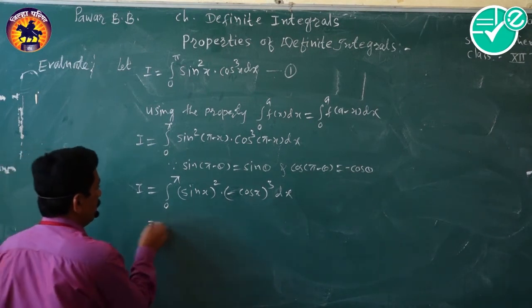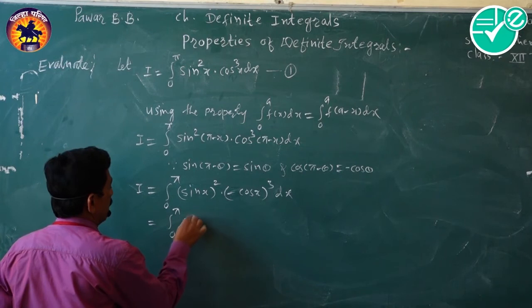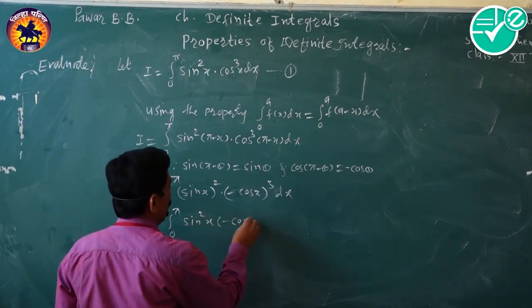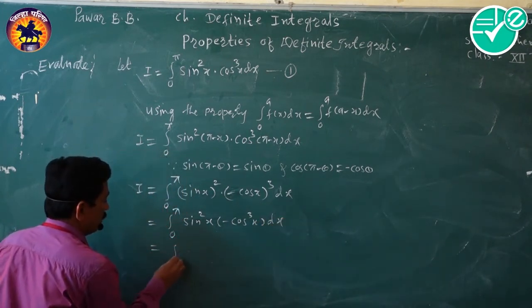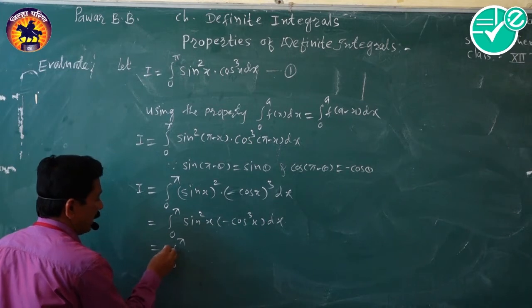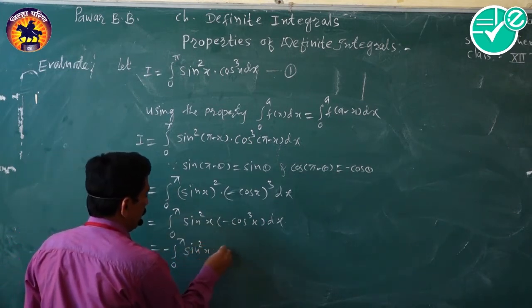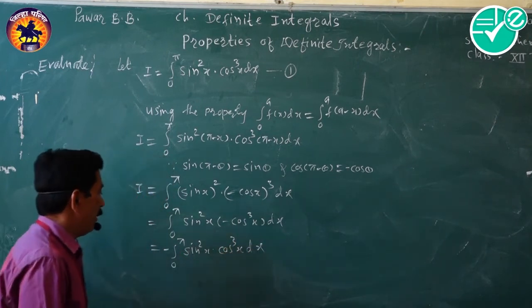This is nothing but 0 to pi sin square x into minus cos cube x dx, or you can write 0 to pi, this minus sign taken out of the integral, sin square x into cos cube x dx.